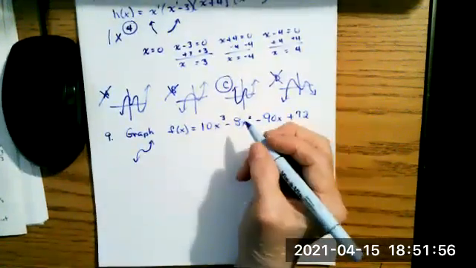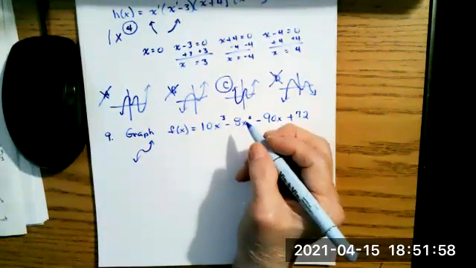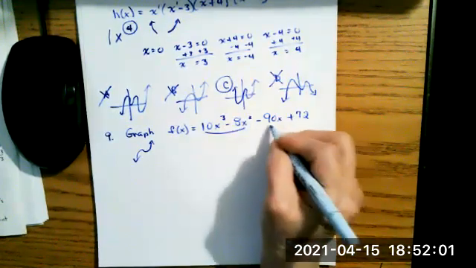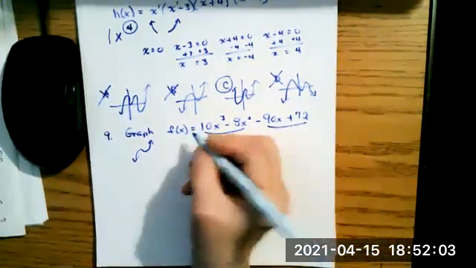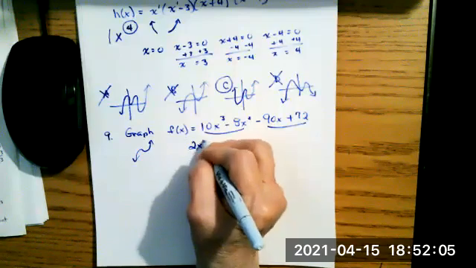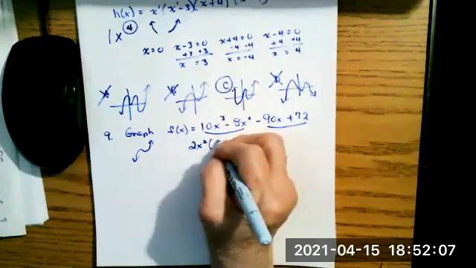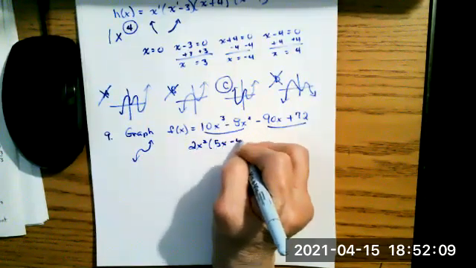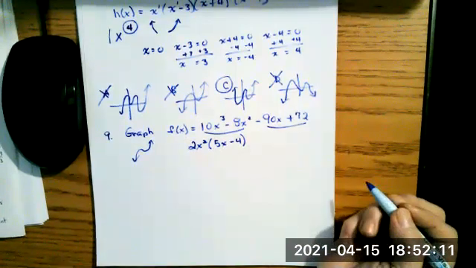So let's go ahead and see how we would work this. It's got 4 terms. If you take out a 2x squared, you'd have a 5x minus 4 from that first part.